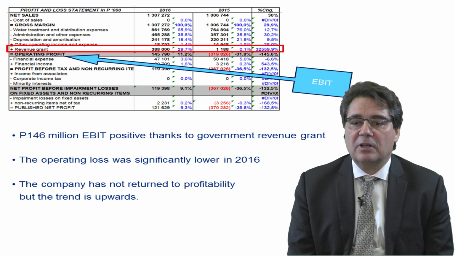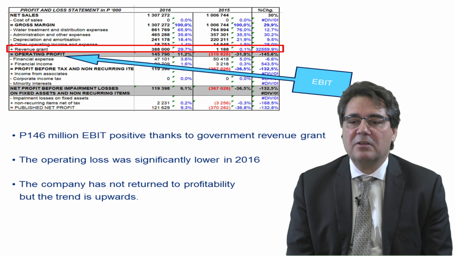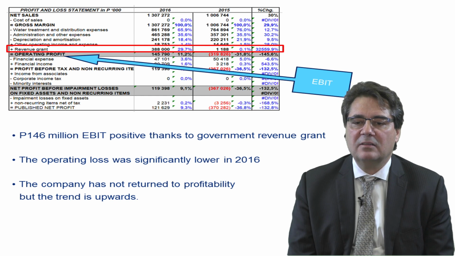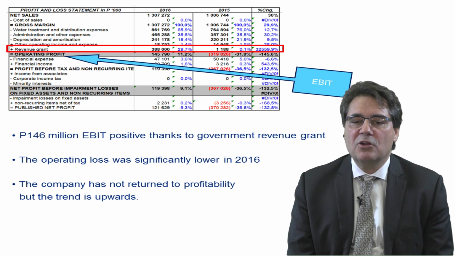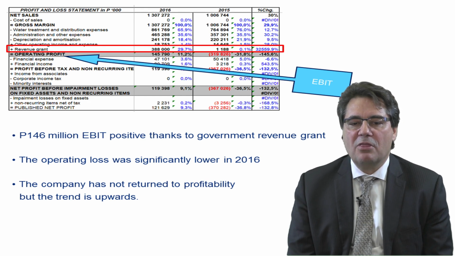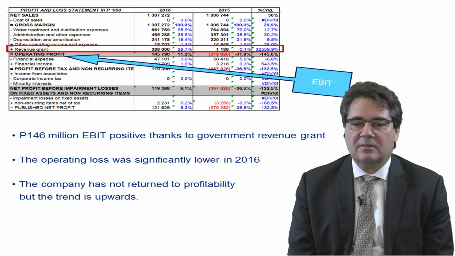The company incurred an operating loss of 242 million before taking into account a government revenue grant of 388 million. Operating loss for the previous year amounted to 319 million.